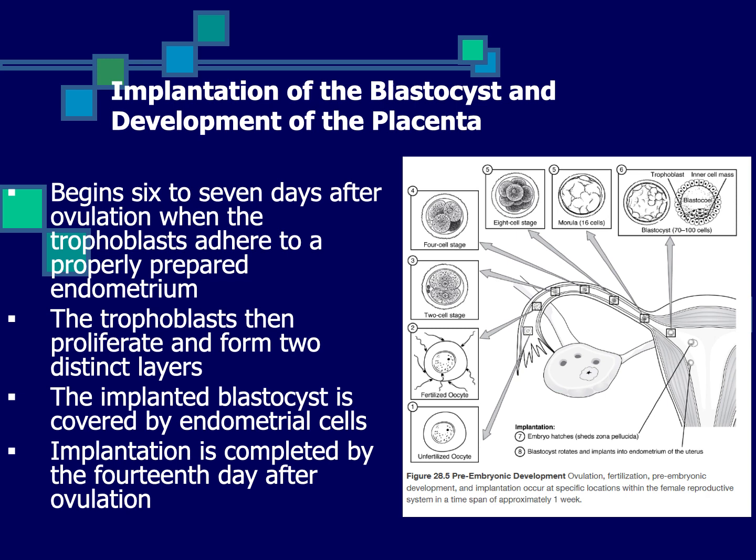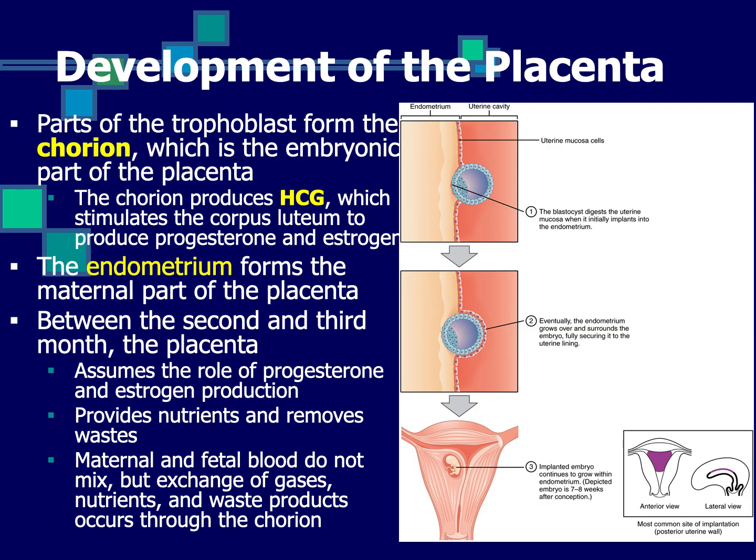If it goes too far down, there are problems with implanting lower down, where the placenta may be torn and bleed frequently. And so this is why fertilization has to occur here and early. What happens to form the placenta is the trophoblast will start sinking into the mucosa cells of the endometrium.